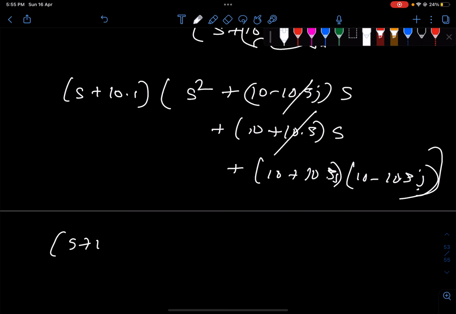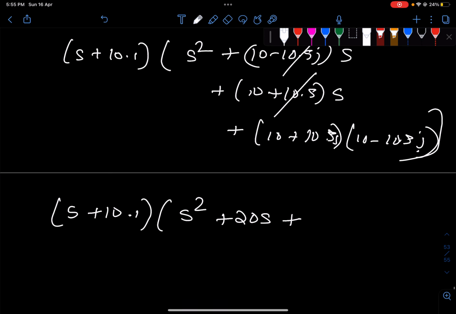So it is s plus 10.1 into s square plus 20 s plus a number. For a complex number and its conjugate, a into a bar is equal to modulus of a square, right?